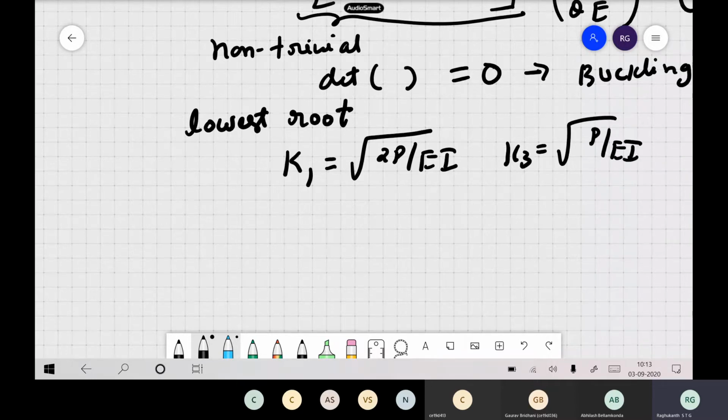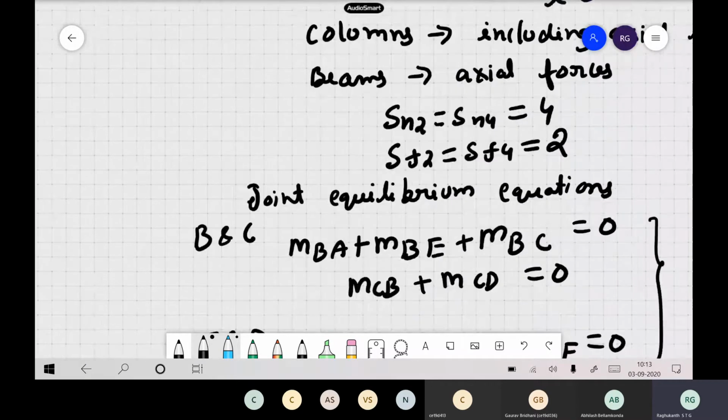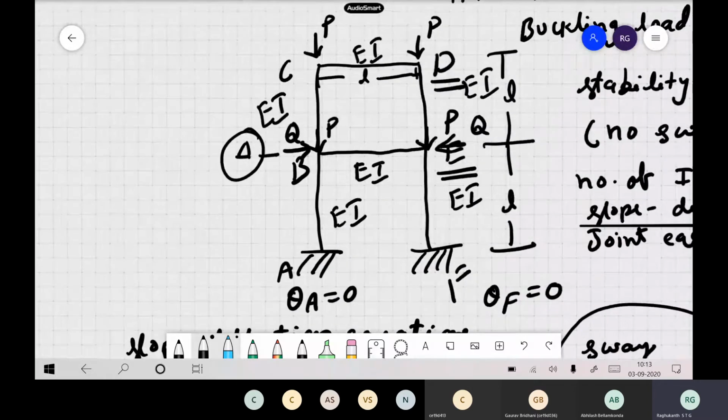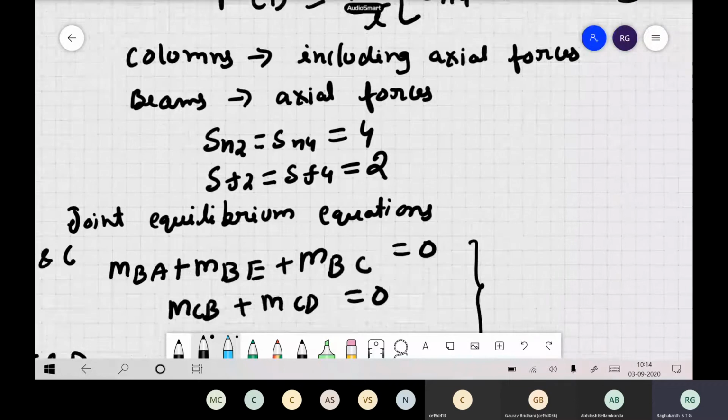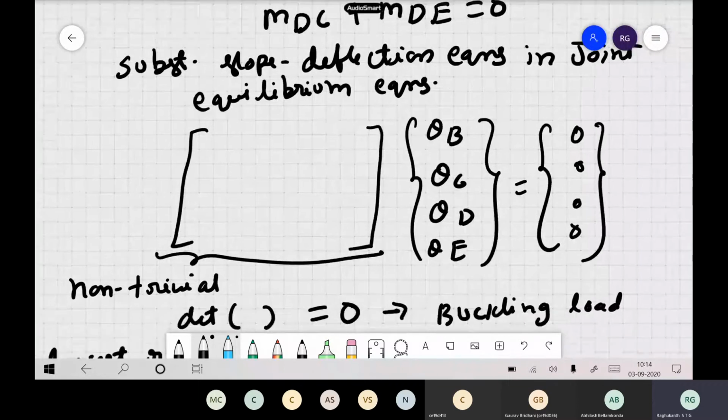There is a difference here: on the BC column you have only P, but when you consider AB, the bottom column, the 2P comes into picture. So you have to be very careful in substituting in these equations.